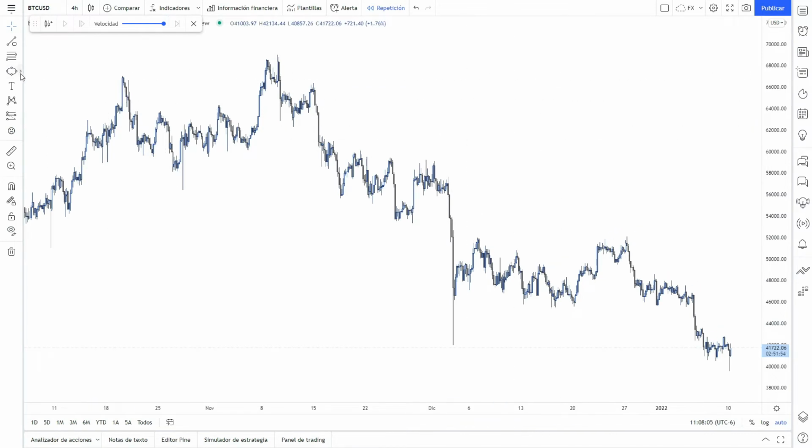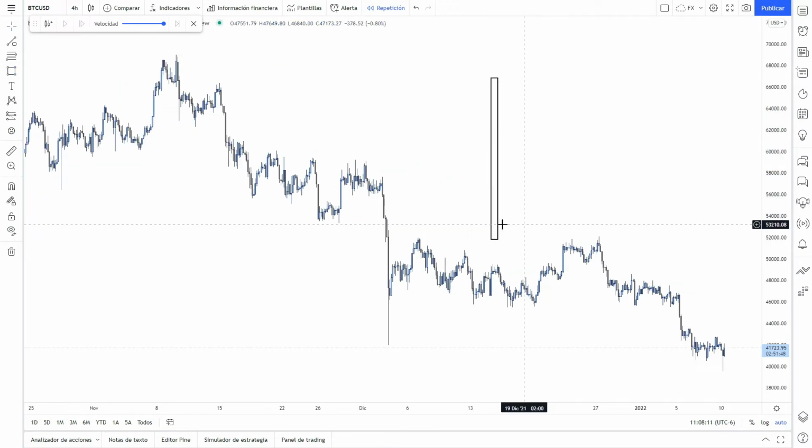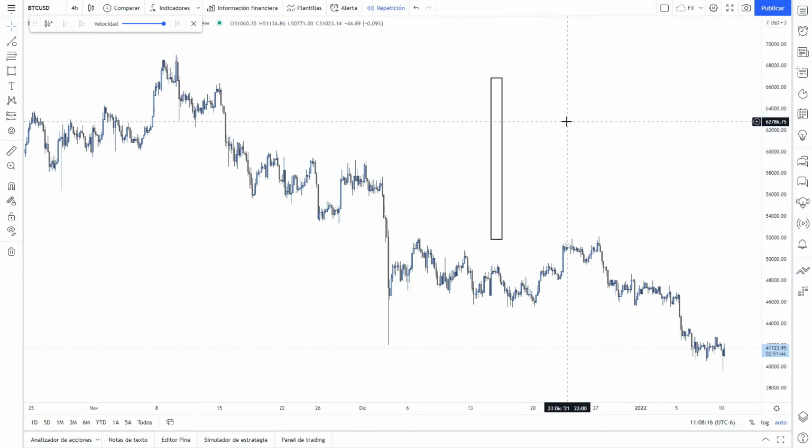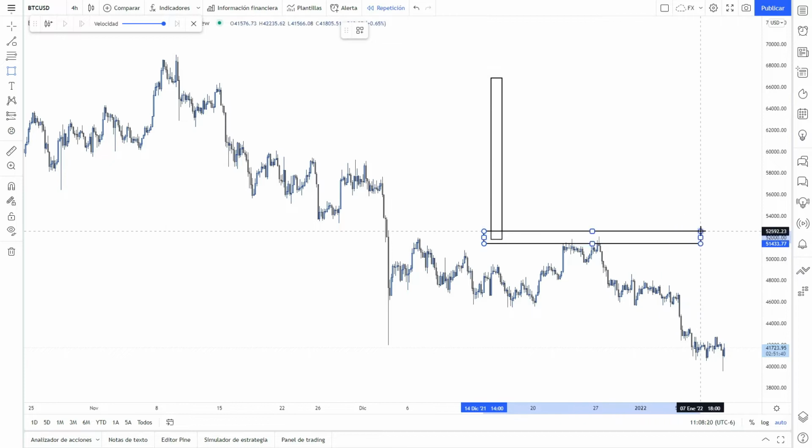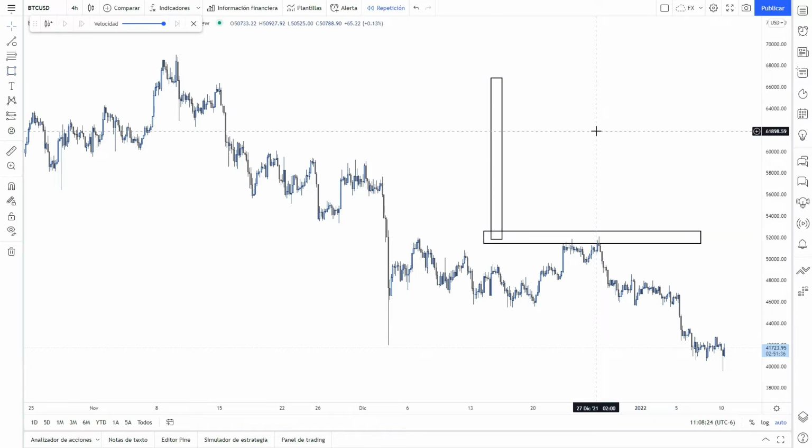So when we see a movement like this to the upside, a very strong, very fast movement, this is telling us that someone with a lot of money bought here. That's the first thing. We need to train our eye to identify these strong movements.